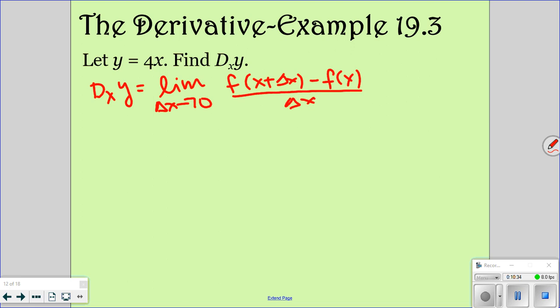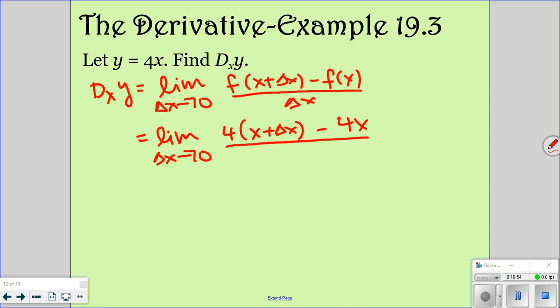So that's your formula, and hopefully you'll memorize it pretty quickly just because you're having to write it for several problems in a row. So now we plug in our 4x. So instead of it being 4x, it's going to be 4 times x plus delta x. And then f of x is just 4x all over delta x.